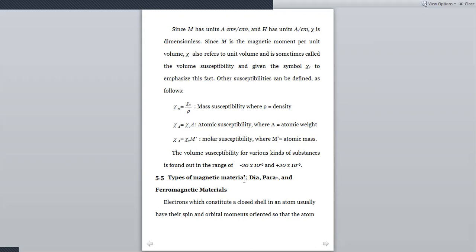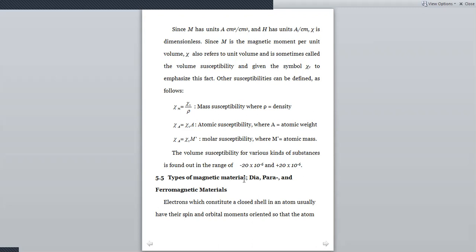Paramagnetic materials do not repel the magnetic lines of force, but allow them to pass, and they have magnetic susceptibility close to 0. In the case of a diamagnetic material, the magnetic susceptibility value is negative.